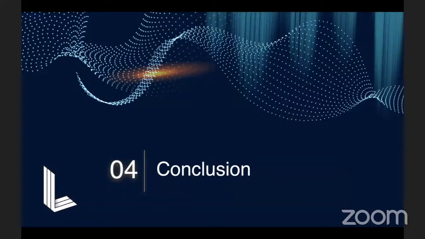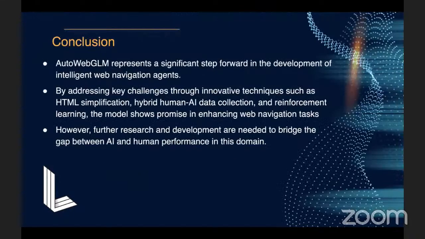So now let's come to a conclusion of this AutoWebGLM model, which is trained with the ChatGLM 6 billion parameter model. We can see that it represents a significant step forward in the development of intelligent web navigation agents.